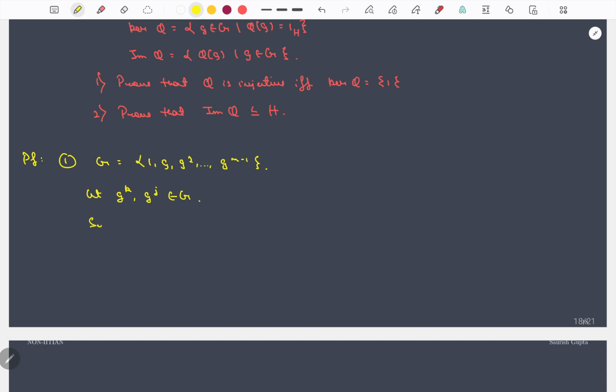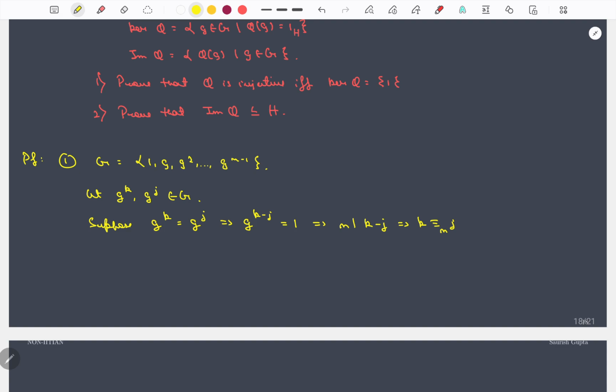Suppose g to the power k is equal to g to the power j. This implies that g to the power k minus j is equal to 1. But the order of g is n, so this implies that n divides k minus j, which implies that k is congruent to j modulo n.